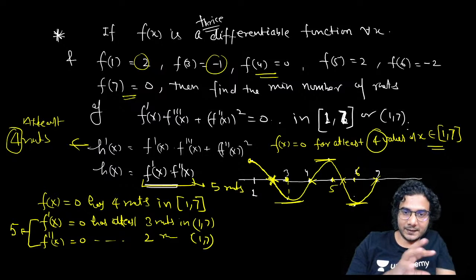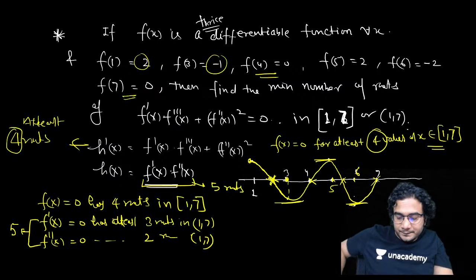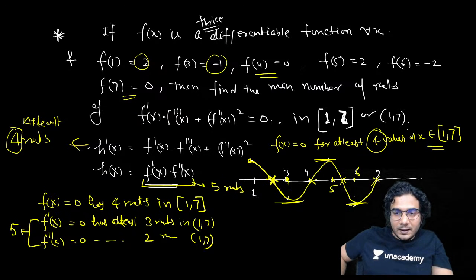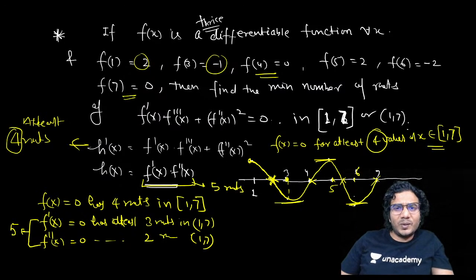Are you understanding this question? Have you got it? Once you know the concept, then it will be easy. Once you know all the things, then it is easy. See, there's no calculation at all, right? Everything is observation.